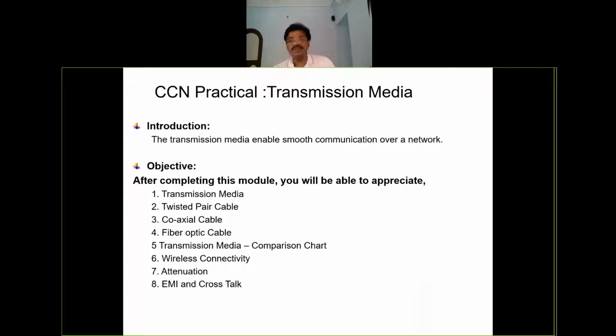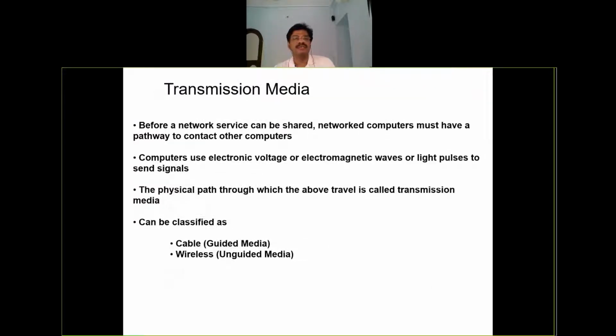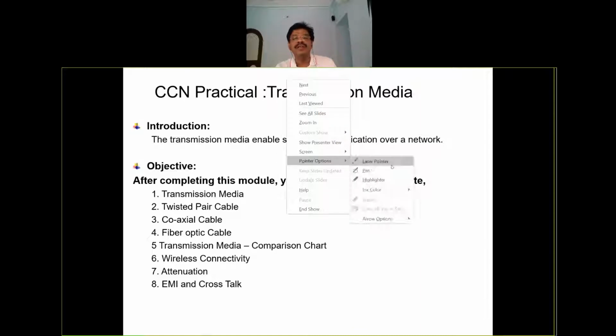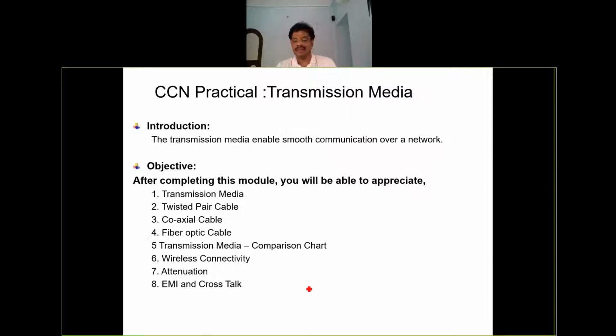These different types of cables are typically known as the transmitting media. In our computer lab, we are utilizing this twisted pair cable. There are 2 different types of twisted pair cable, STP cable and UTP cable.